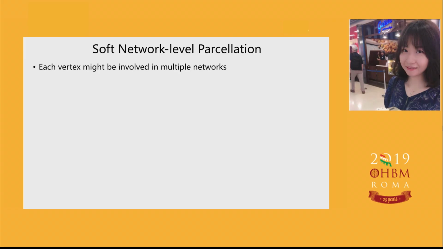Now let's talk about the soft network level parcellation. In the soft network level parcellation, each vertex can be involved in multiple networks. Spatial ICA is one of the most popular approaches that people can use to estimate the soft network level parcellations.